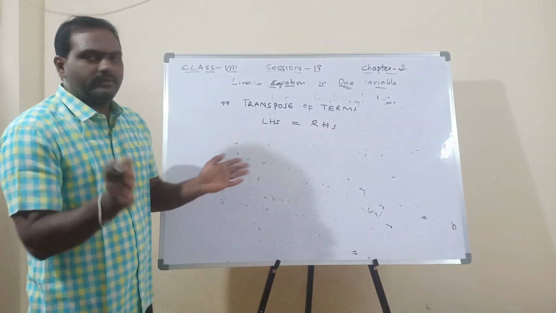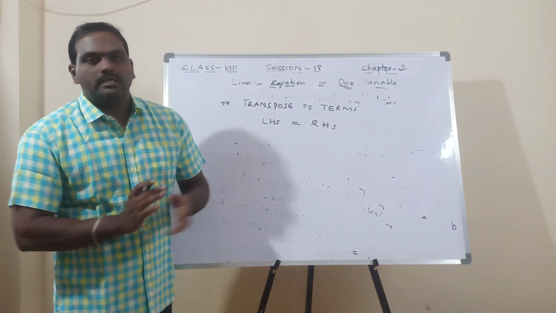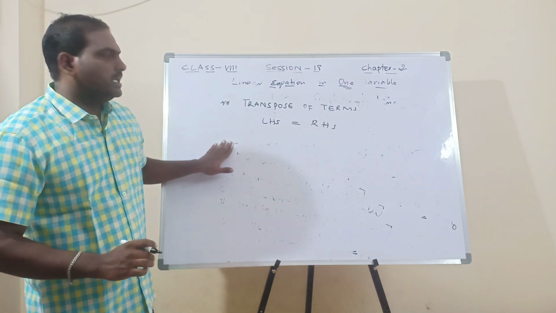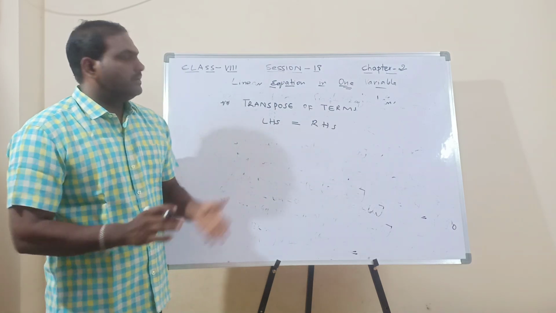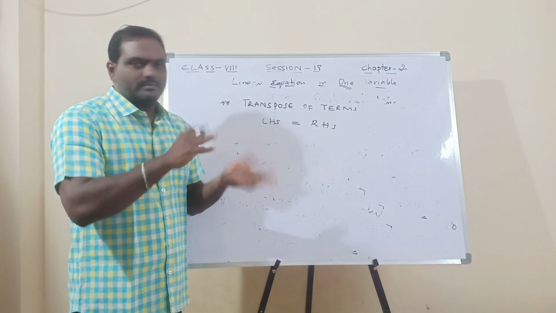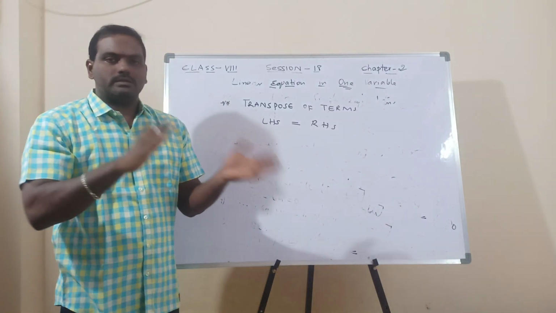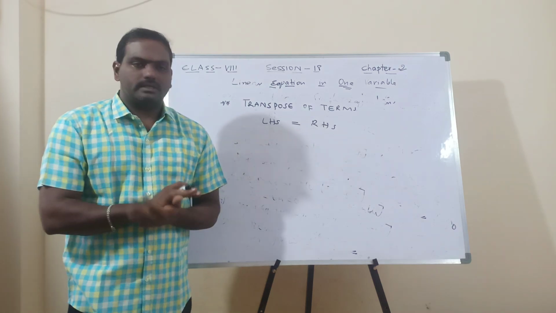Whenever an equation is given, we have to interchange some terms. How to interchange? We have to write all the variables on one side and all the constants, constant means numbers, on the other side. For this, we have to transpose some terms. We send one term to that side and one term to this side, to write the variables on one side and constants on the other.